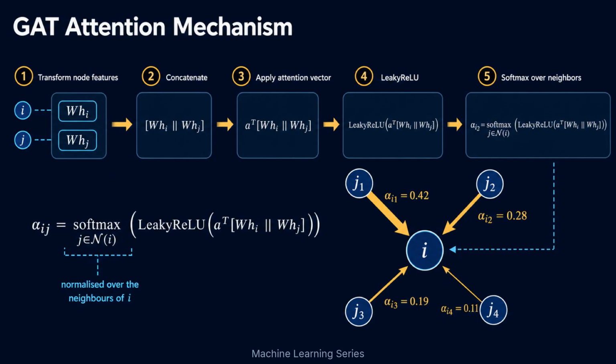Finally, we softmax across all neighbors of node i, ensuring attention weights sum to 1. The formula is alpha-ij equals softmax over all neighbors j of LeakyReLU of a transpose times the concatenation of W times h_i and W times h_j. These learned weights determine how much each neighbor contributes.